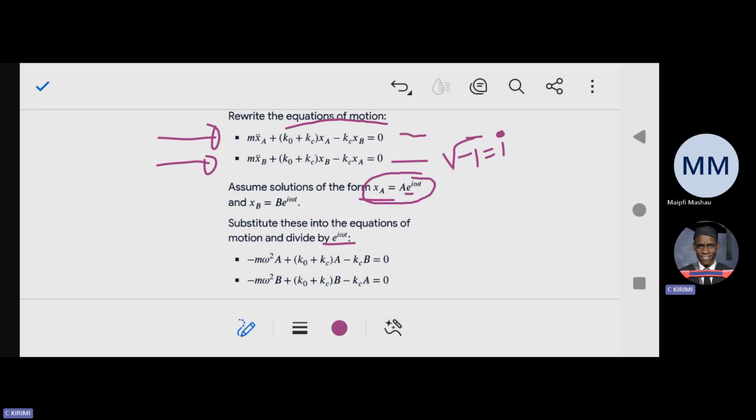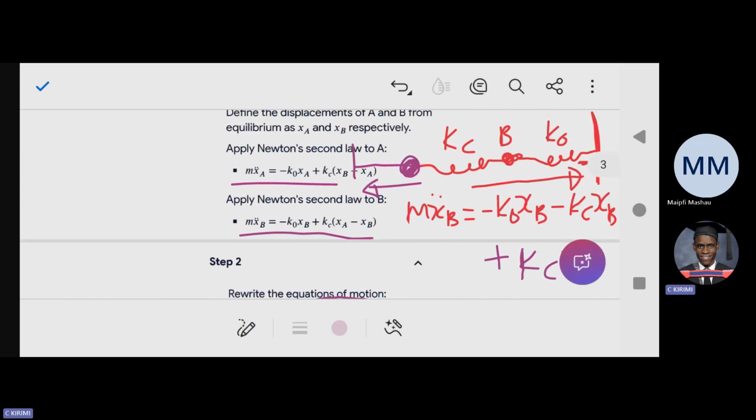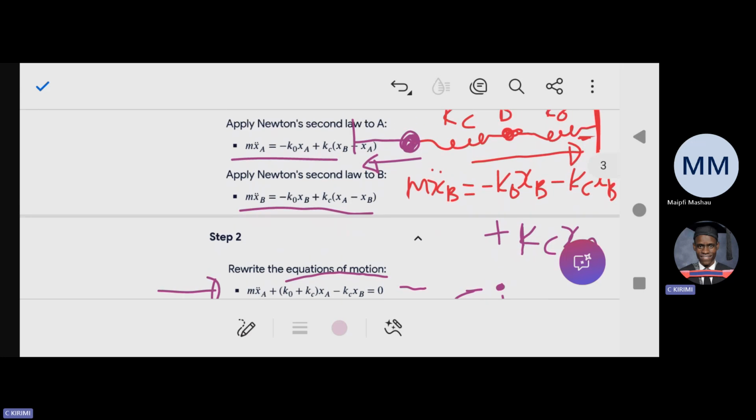We are replacing. So when you wrote the equation of motion, did you factorize it? Because now it's a bit confusing. All right, let's rewrite it. Check where XA is. What did we start with? Mass times acceleration.